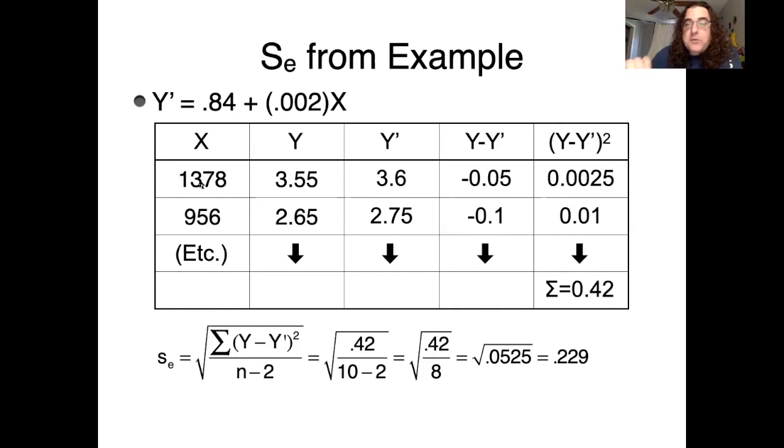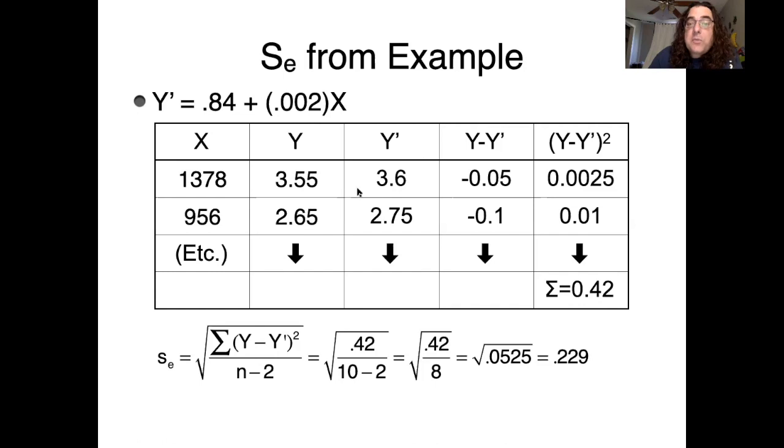They had 1,378 milligrams of caffeine. They actually took an average of 3.55 finals. But if you took 1,378 and put it into this equation, took 0.84 plus 2/1000ths for every milligram of caffeine and 1,378 of those milligrams, you would get 0.84 plus 0.002 times 1,378.